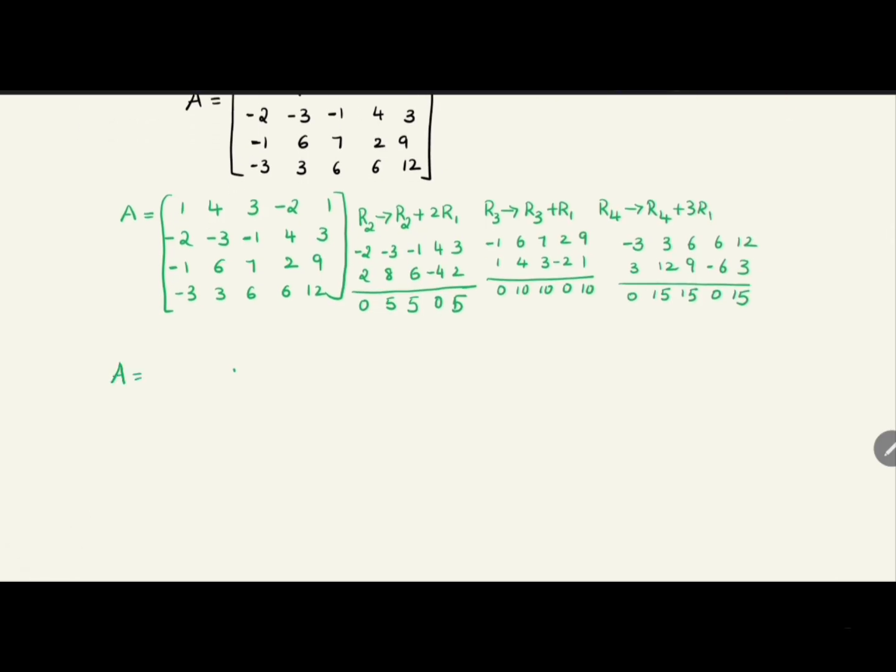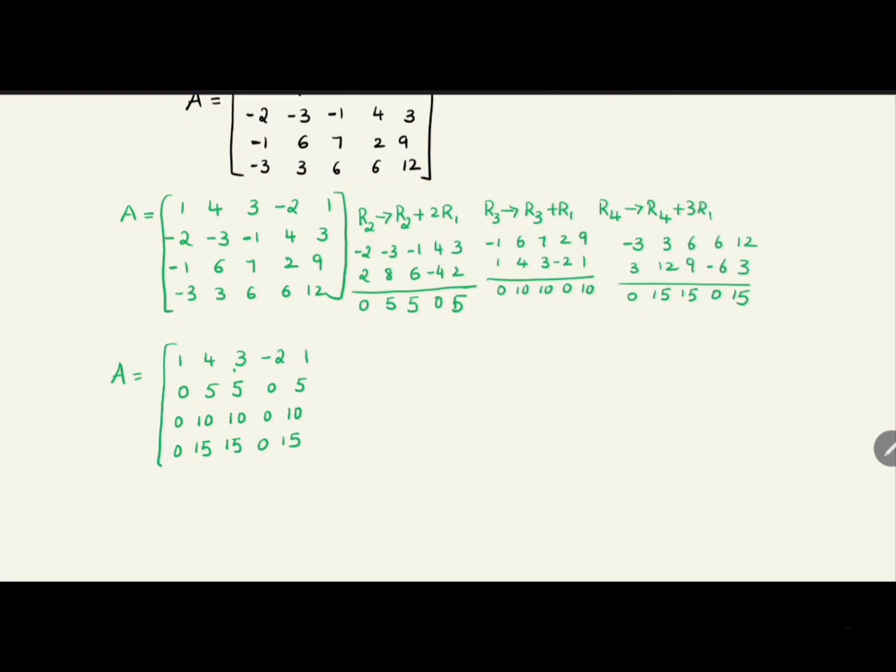A is equal to 1, 4, 3, minus 2, 1. Second row I obtained as 0, 5, 5, 0, 5. Third row is 0, 10, 10, 0, 10. And fourth row is 0, 15, 15, 0 and 15.